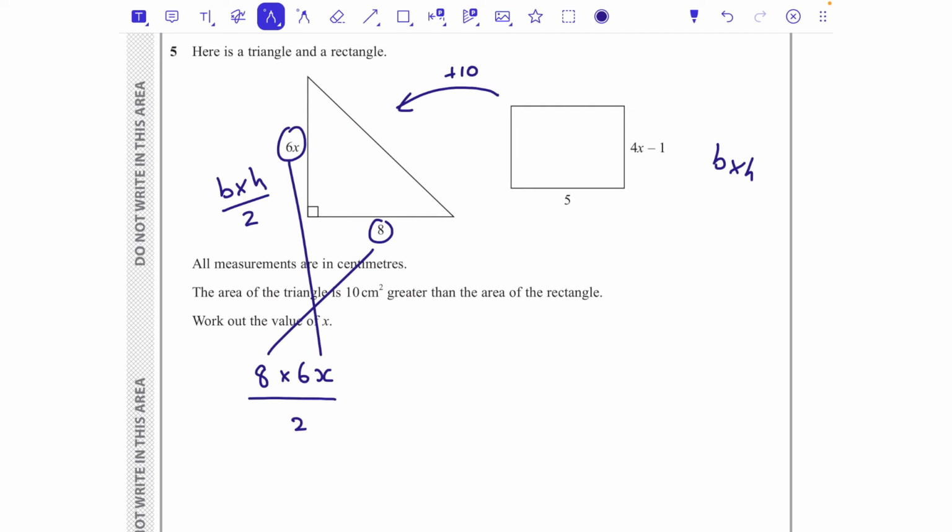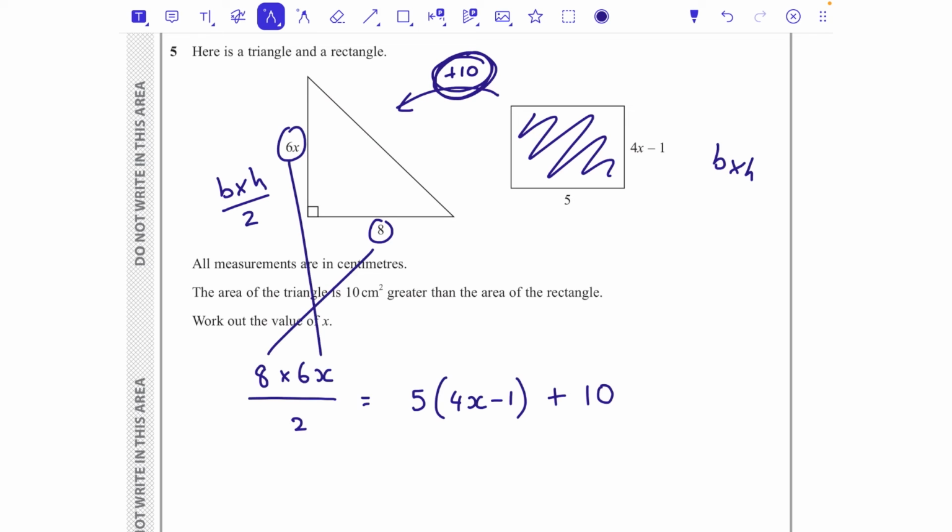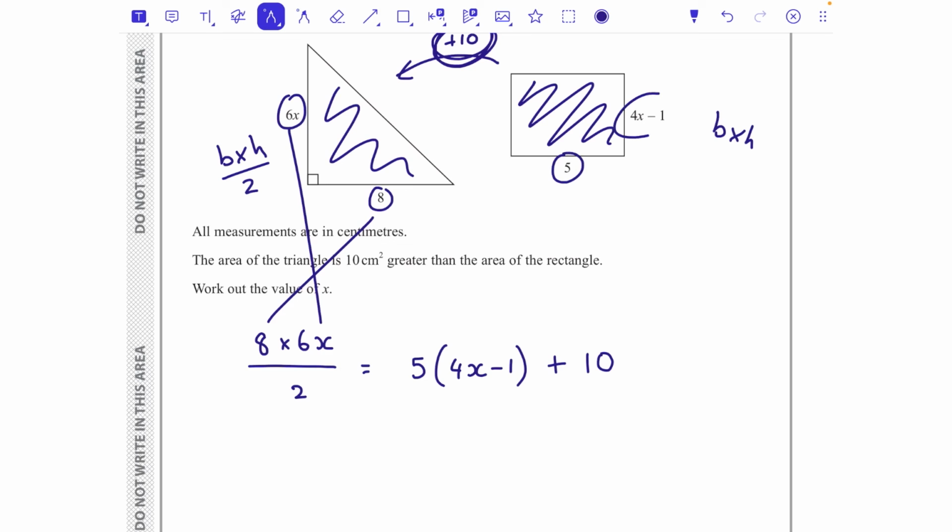8 times 6x divided by 2 is equal to 5 lots of 4x minus 1, add an extra 10. Because we know that this area has to have 10 added to it in order to be this area. So I've done the area of this, 5 times 4x minus 1, add on the 10 equals the other area. Let's just sort that out now.